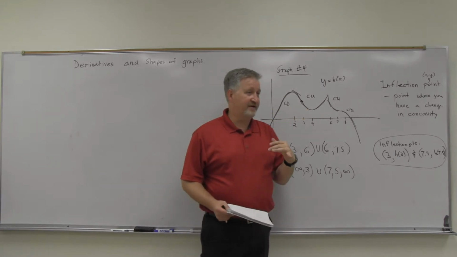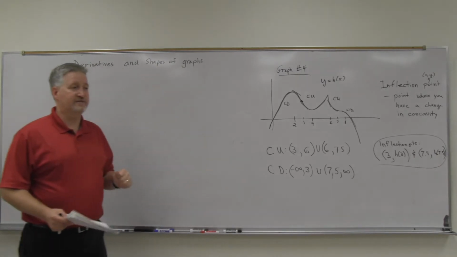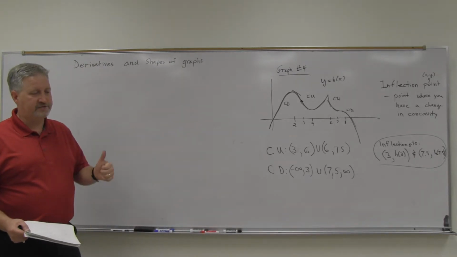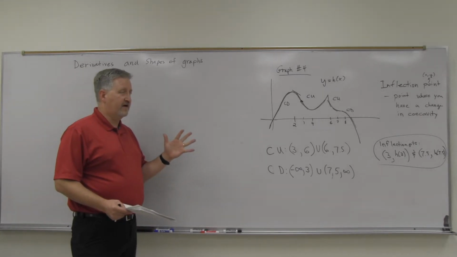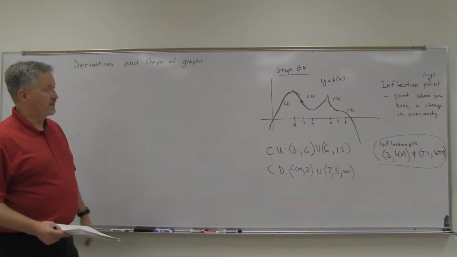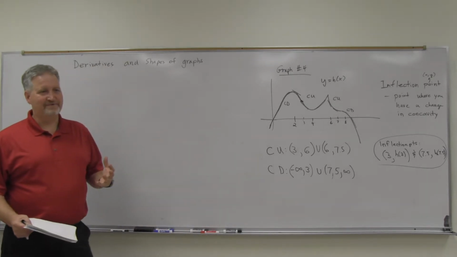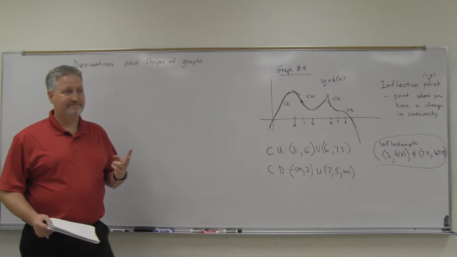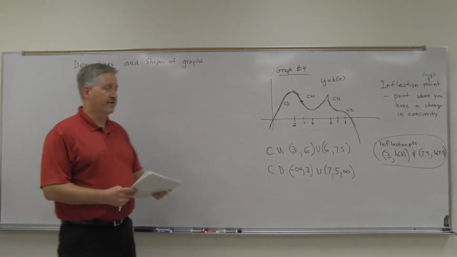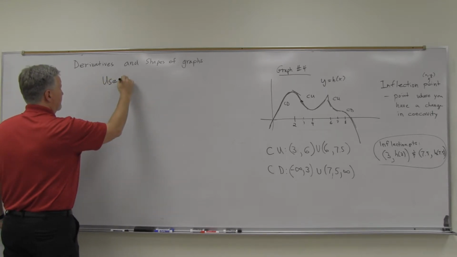Those critical numbers there show me that you can't go off of the first derivative because they tell me about increasing and decreasing and local maxes and mins, but they don't tell me about concavity. You can't use those for concavity. So what do we use? Well, it turns out for concavity, it's the second derivative. So we're going to use the second derivative to determine concavity.